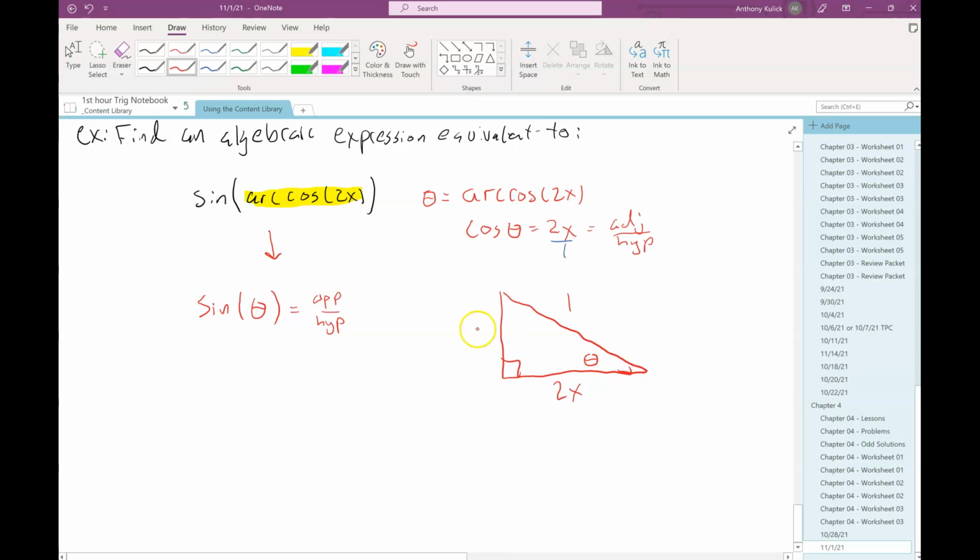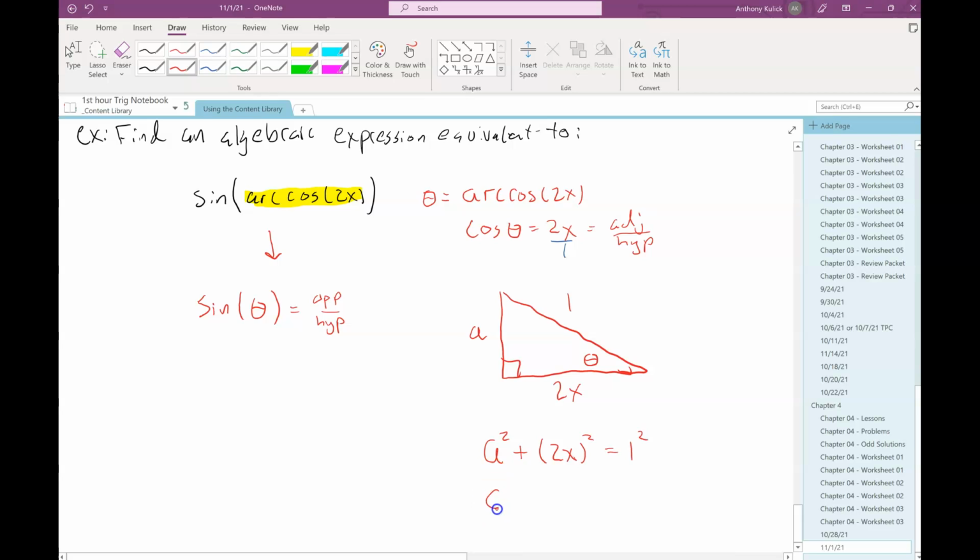So I'm going to label this opposite side just A. So using the Pythagorean Theorem, I know that A squared plus 2x squared is equal to 1 squared. Remember, if you have a squared plus b squared equals c squared, the c has to be the hypotenuse, right? That's the only catch about the Pythagorean Theorem.